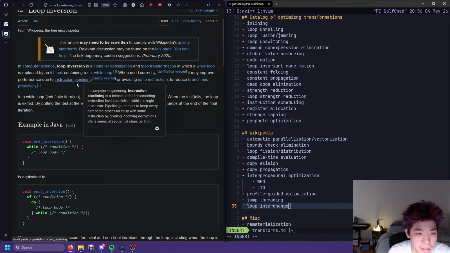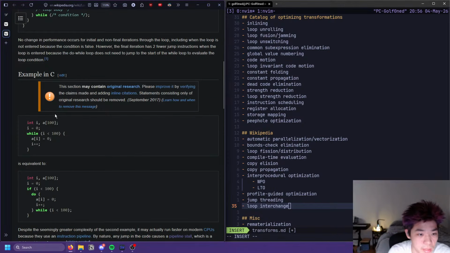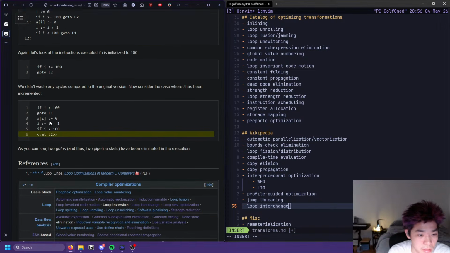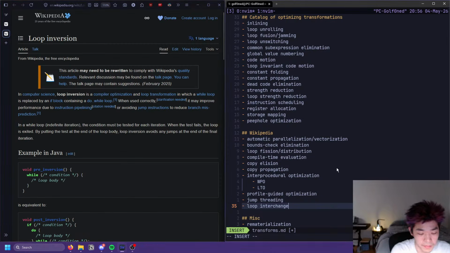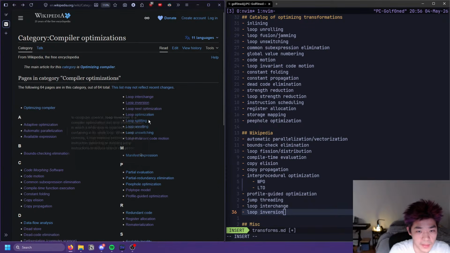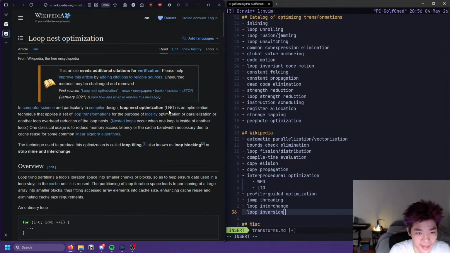Pipelining. I guess that makes sense. Wow, okay. Sorry. That's cool. Loop nest optimization. Oh man. Strip mine and interchange.